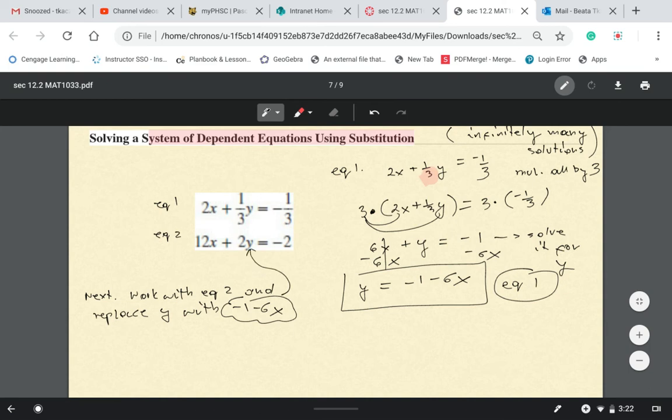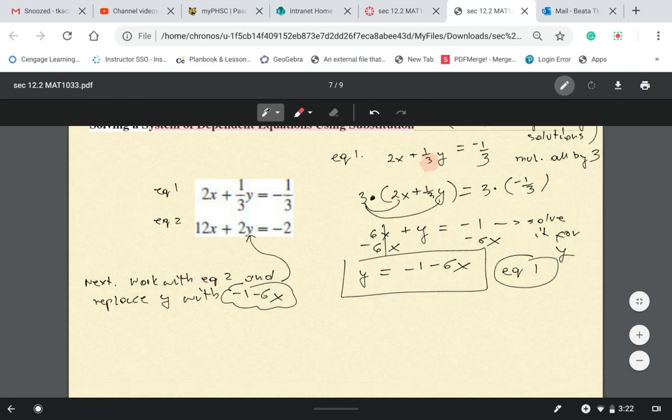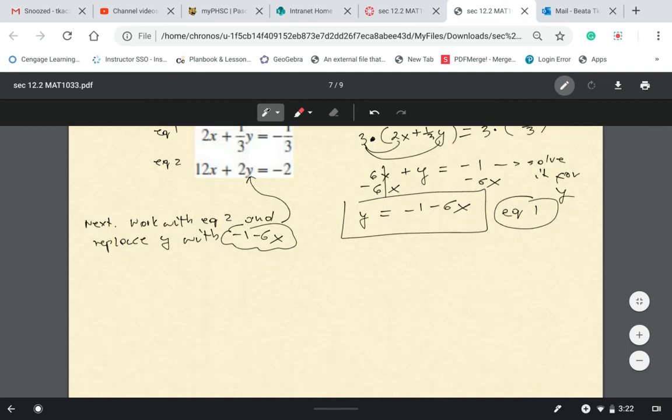So we'll have 12x plus 2 times negative 1 minus 6x equal negative 2. Let's distribute 2, so we have 12x minus 2 minus 12x equal negative 2. Look what happened, 12x cancel, and we end up with negative 2 equal negative 2.